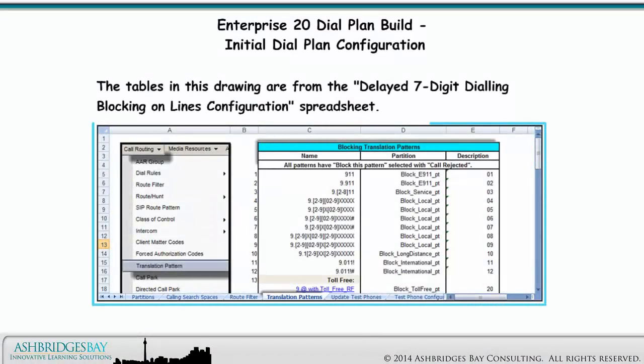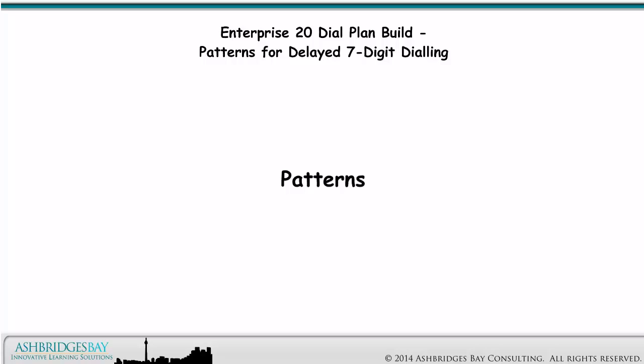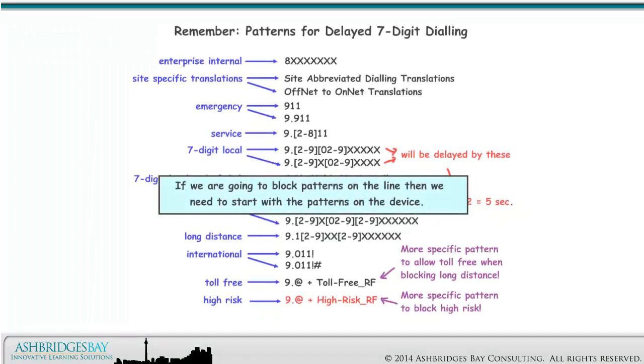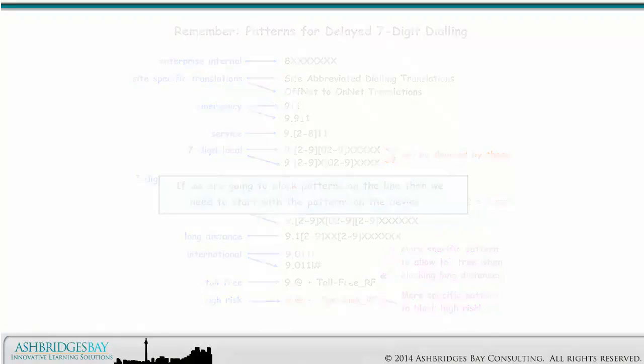The tables in this drawing are from the delayed 7-digit dialing blocking on lines configuration. We've said it before, everything starts with patterns. If we are going to block patterns on the line, then we need to start with the patterns on the device. Remember the patterns we have if we don't fix the 7-digit dialing delay.